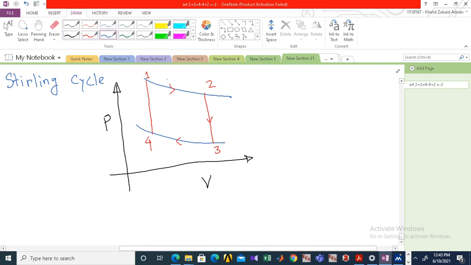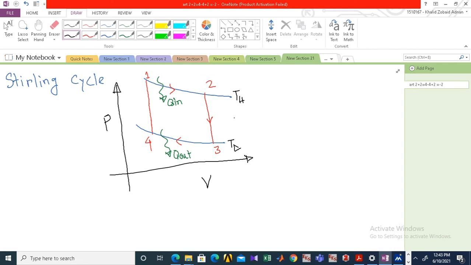So the heat addition will be from here at Q in, and Q out will be from here. Okay, so same as before, this is the temperature TH and TL, the two temperature lines. Okay, the two isothermal lines. So the cycle is operating between these two temperatures.